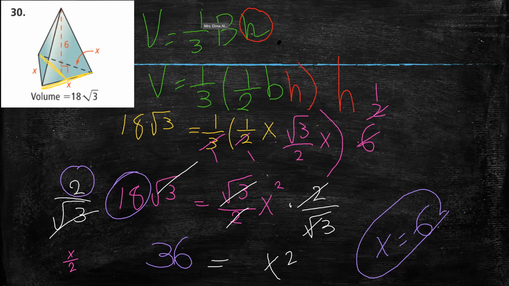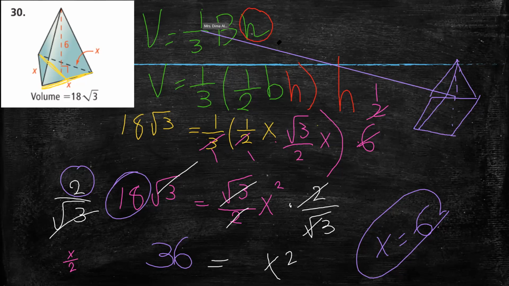This is now the length of the edge of the base. So it comes like this. This is the pyramid now. Here's this point here. The base edges are 6, 6, 6, 6, and the height also is 6.